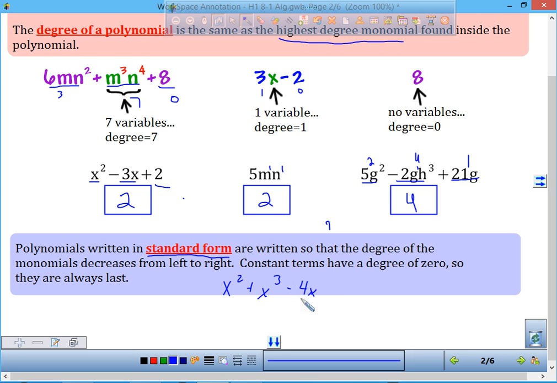Standard form says to write the x cubed first because it's the highest degree, so it would be x cubed plus x squared, and then minus 4x. Notice how as I go left to right, the degrees are getting smaller, and that's standard form. That's the way we're going to normally write them.